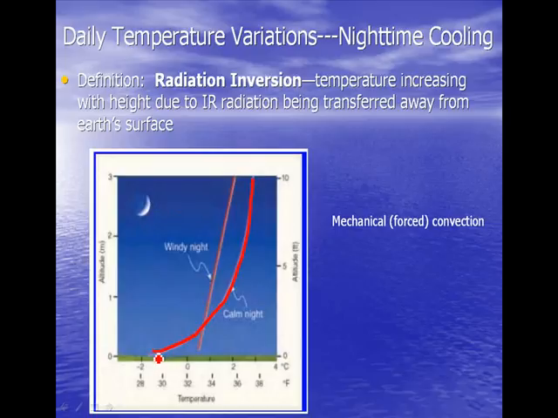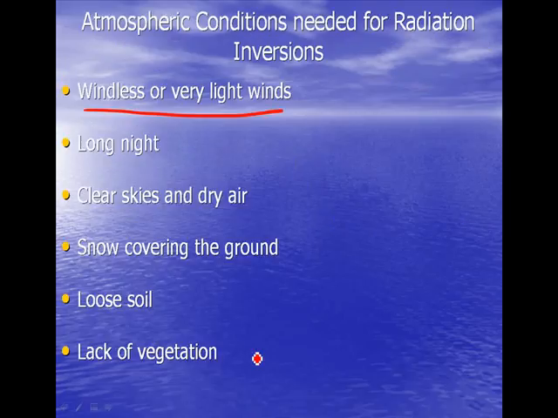Notice the temperature changes here at about 29 degrees Fahrenheit at the surface, up to about 10 feet in the air. It goes to almost 38. There's almost a 10-degree change over 10 feet on a very calm night.